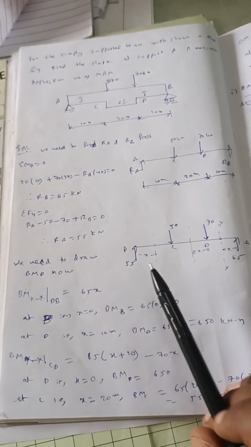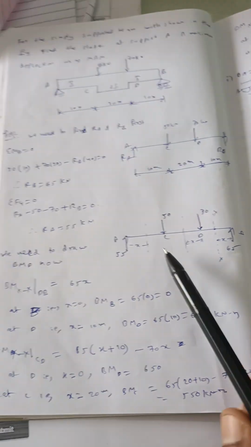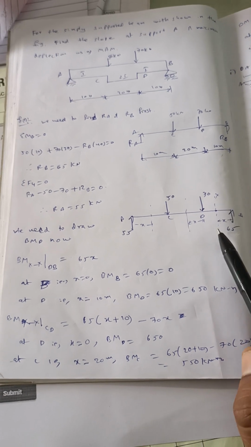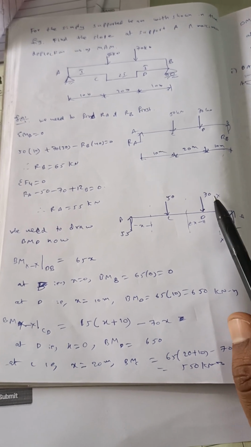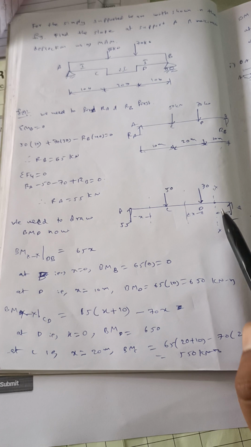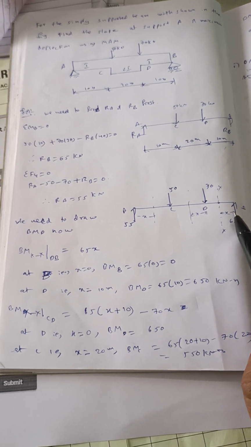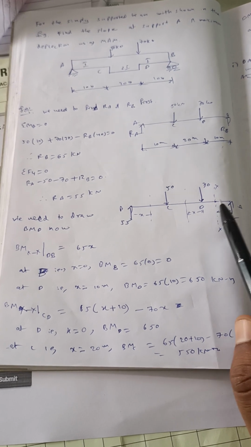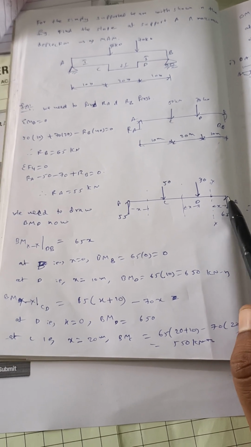Now we need to draw the bending moment diagram. To draw the bending moment diagram, we know the procedure. First of all, we need to calculate bending moment values. First, I have taken a section between D and B at a distance of x from B. So bending moment at this point is 65 into x.